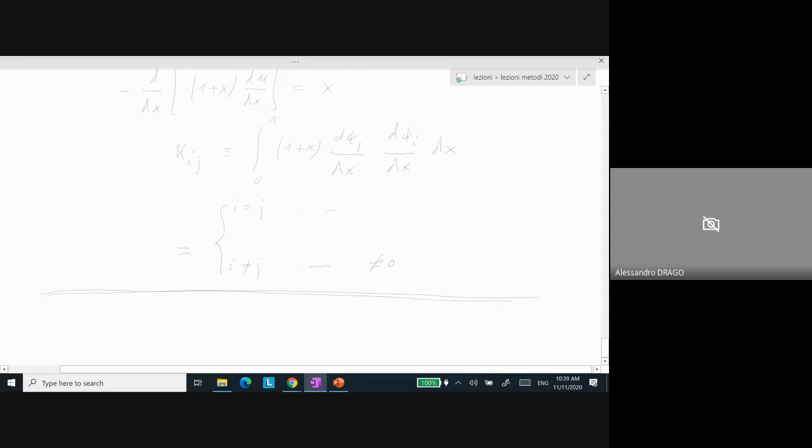We need a basis, a simple basis, possibly a basis that is good at approximating our solution, so that we don't need to use an enormous number of elements to approximate the solution. The trick is to find a basis so that the matrix K is almost diagonal.